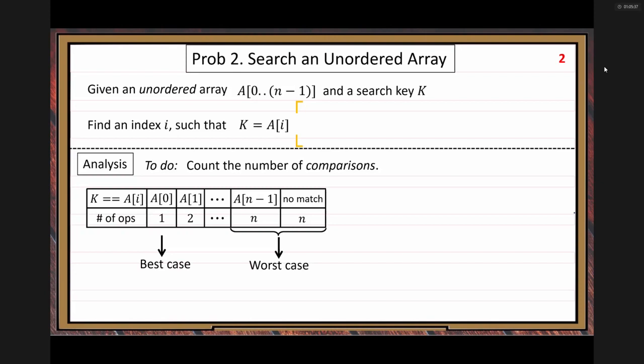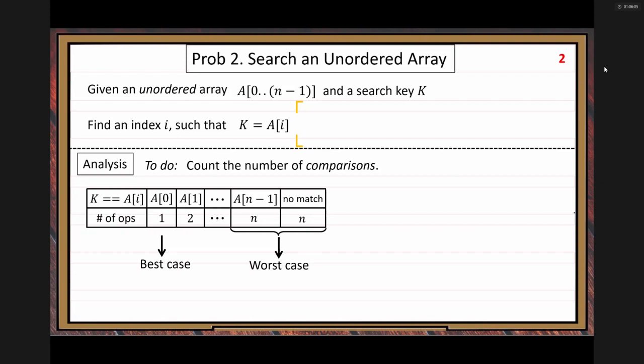So you really want to use a fair one. Not too good, not too bad, some number in the middle to describe the overall efficiency. So people usually use the average number. Most of the time people use average.